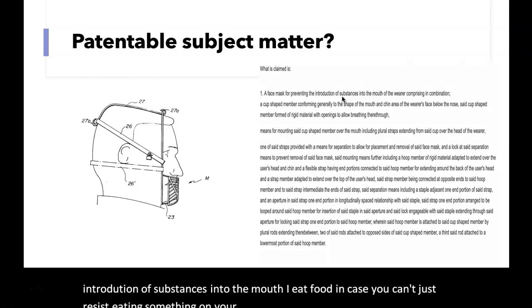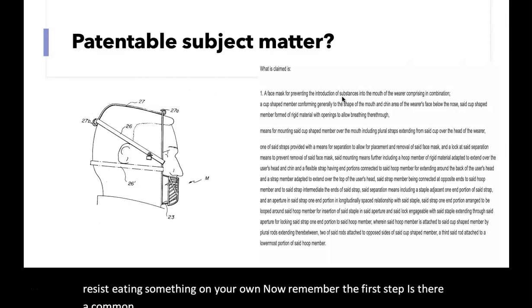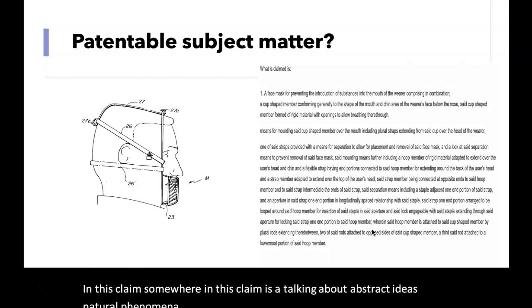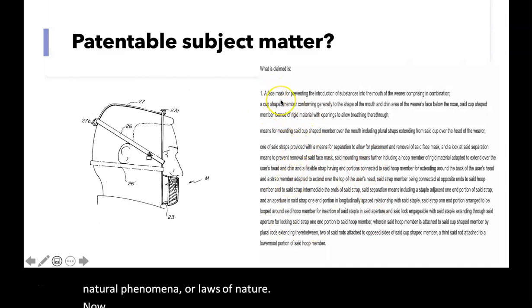Now remember, the first step is there a common law exclusion in this claim? Somewhere in this claim, is it talking about abstract ideas, natural phenomena, or laws of nature? Now, this is a face mask.